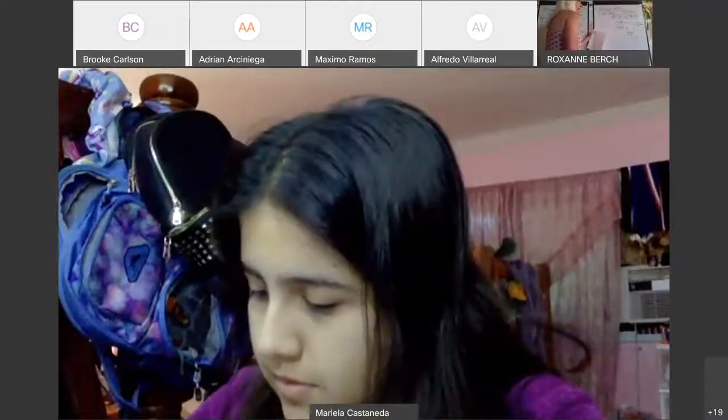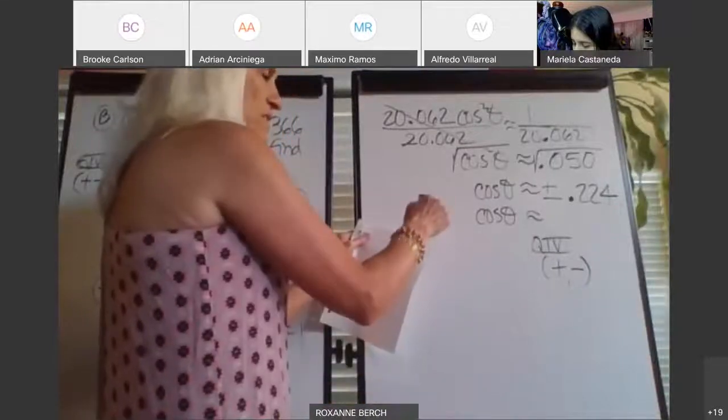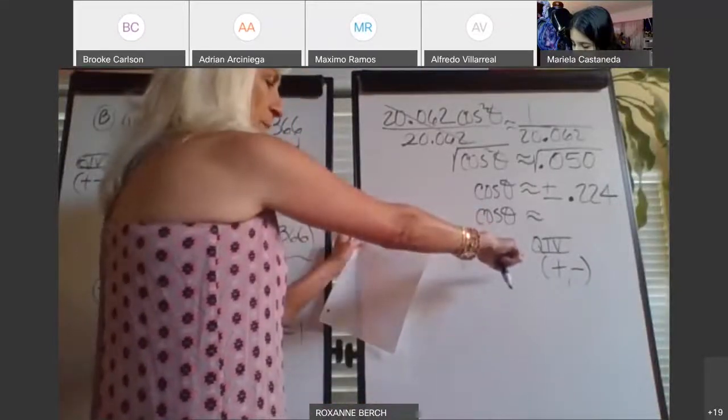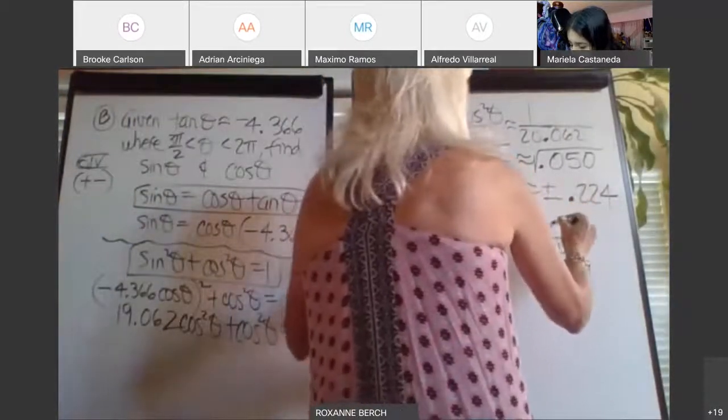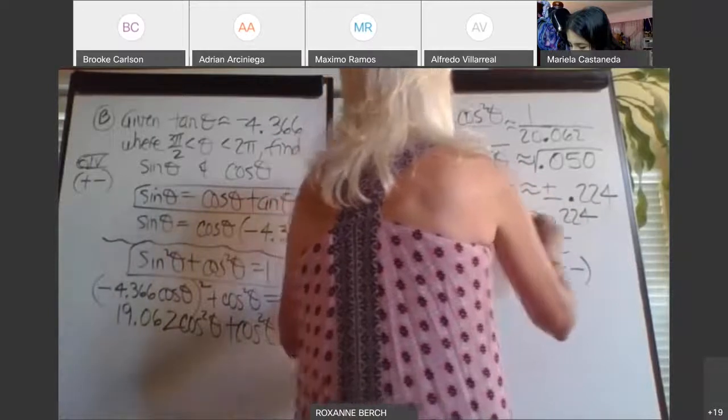Okay, now you have to decide what quadrant cosine is in, and cosine needs to be positive. So instead of plus or minus, it's 0.224. So we found cosine.